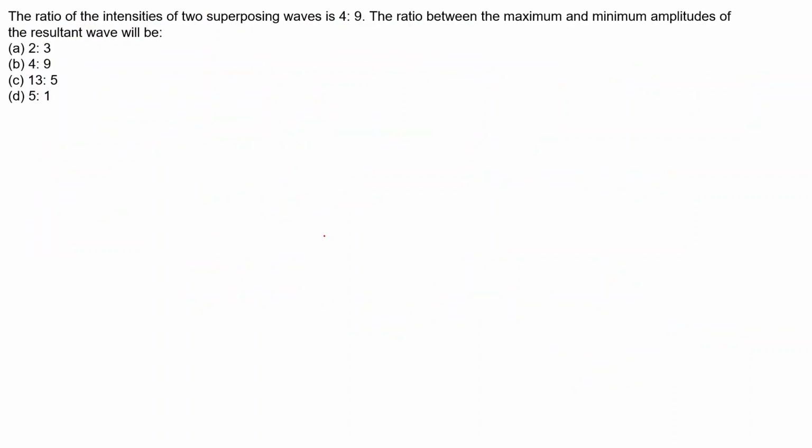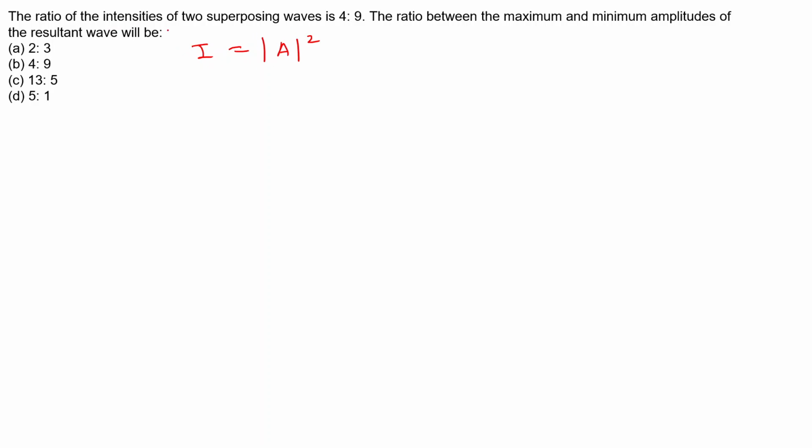Now the next question. The ratio of intensity of two superposing waves is 4 is to 9. What will be the ratio between the maximum and minimum amplitude? We should know that intensity is the square of the modulus of the amplitude.